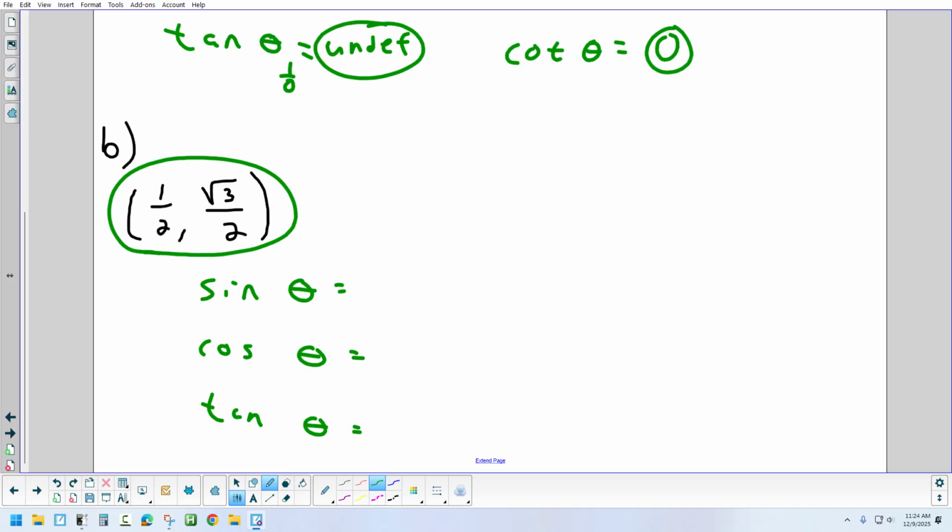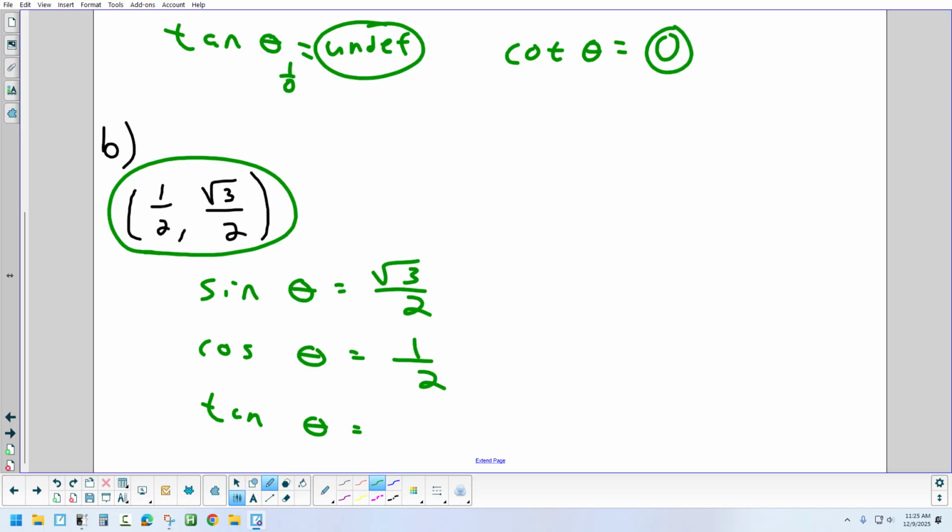Yeah, √3/2. So your sine is √3/2. What's the cosine? Yeah, 1/2. Sine and cosine are the easiest two to do because you don't have to flip anything and you don't have any division you have to do.